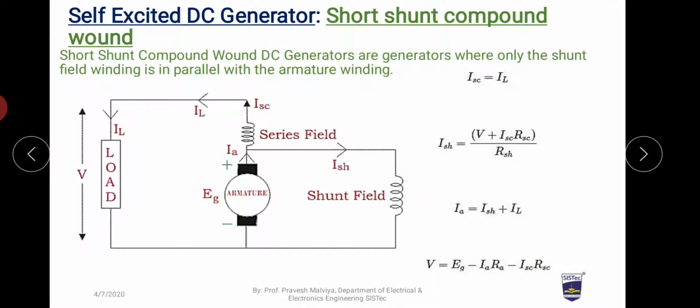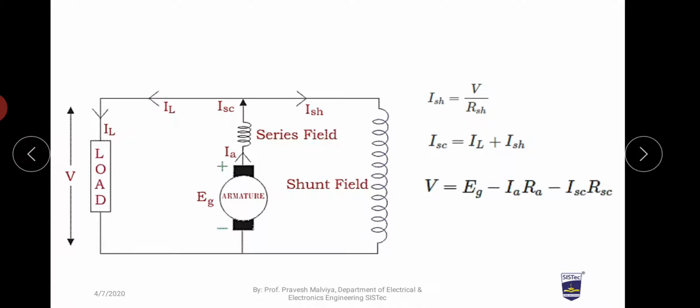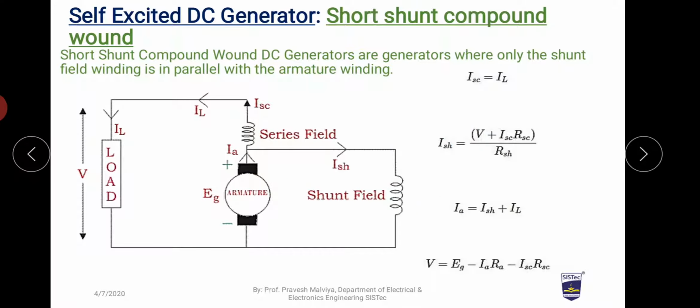And according to KCL, at this node we can say that ISH plus IL is equal to IA. And the load voltage, the terminal voltage, can be given as EG minus IA RA minus ISC RSC. So both of these are the drops. So this was the short shunt compound.